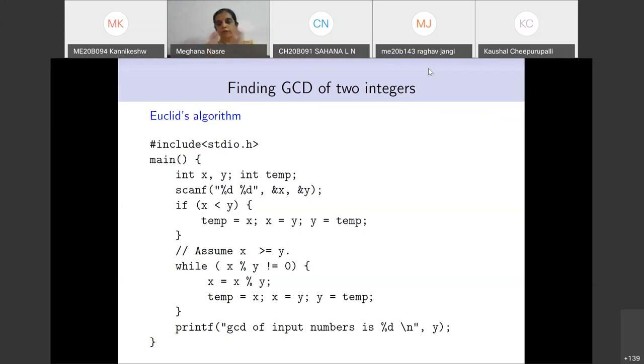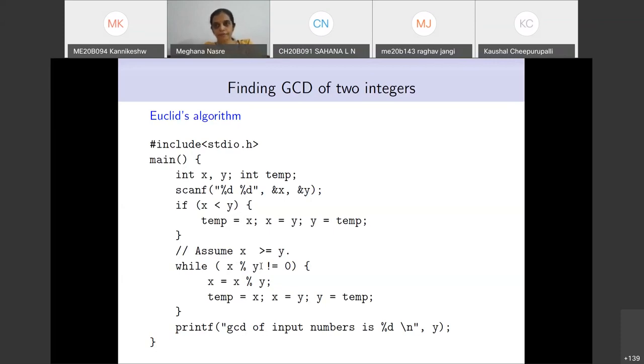Okay, so it's a nice question. If you replace this as x is equal to x minus y, what should be the end condition of this while loop? Can you come up with the modified end condition? Please think about it and write it down, and maybe we will discuss it.